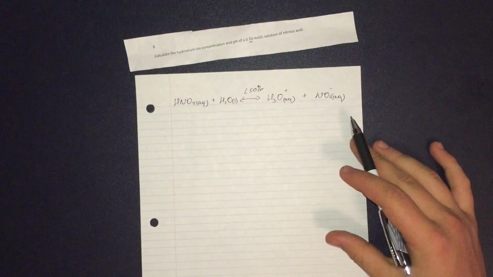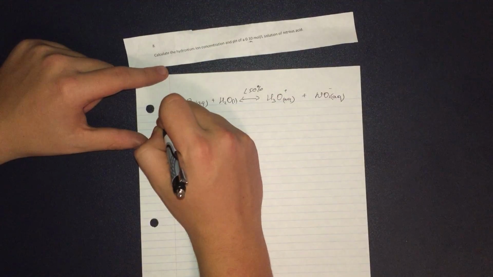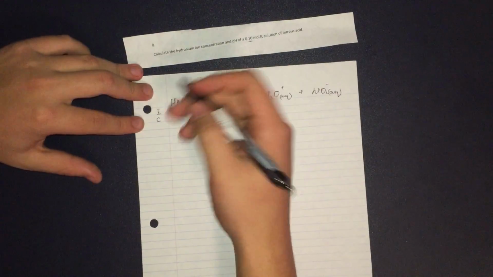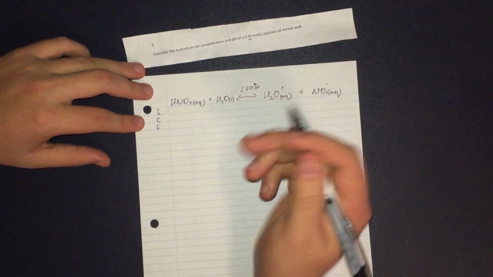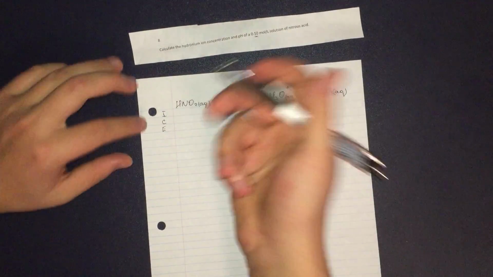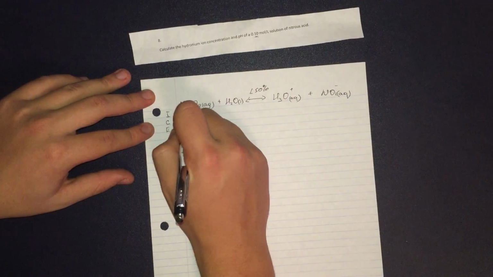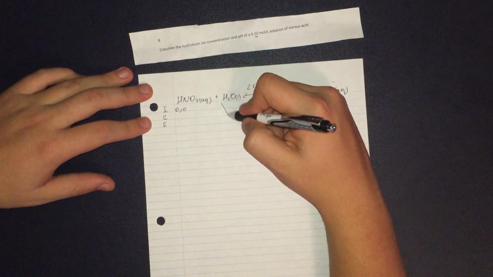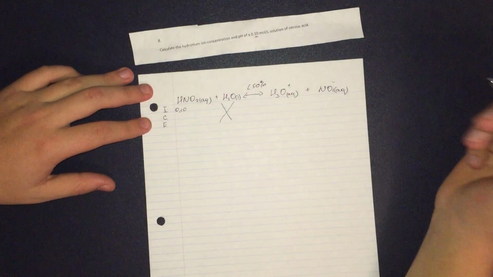Okay, let's do next. Next step is we are creating ice table. Ice table means initial concentration, change of the concentration, and equilibrium concentration. Initially, we have our oxide is 0.10 mol per liter. For water, we do not use ice table.